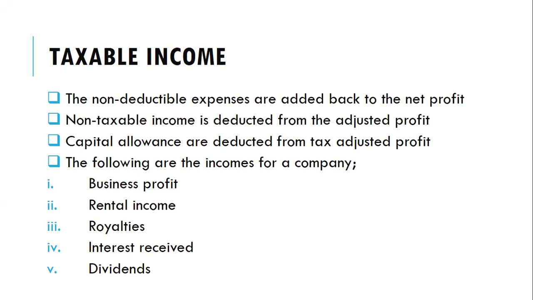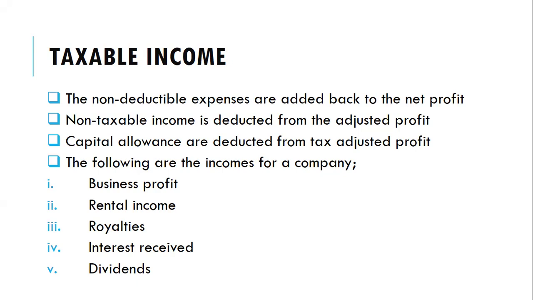Then also look at the incomes for a company. The company's income includes the business profit, the day by day profit that the company earns. Then there's the rental income. If that entity has an investment property that they've listed out, or maybe they've just put someone to rent it for a certain period of time, that is rental income.